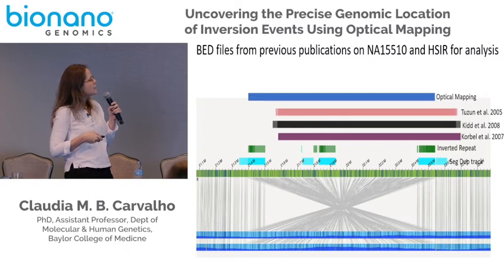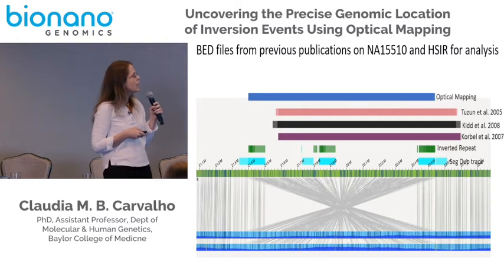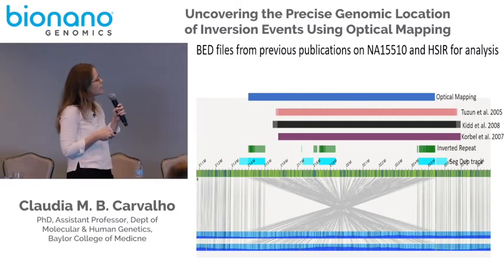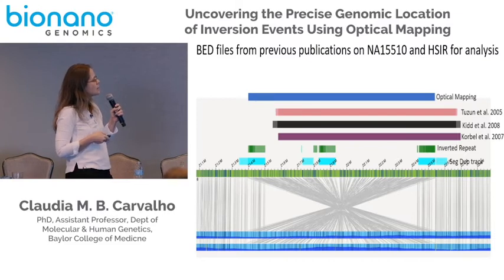So here we also enter the bed files we got from the other papers, from the other work, Kidd, Kidd and Coriell. And an important thing that I want to point out here is that the breakpoint junctions that those technologies mapped are not precisely mapping to the correct place, which would be the inverted repeats.